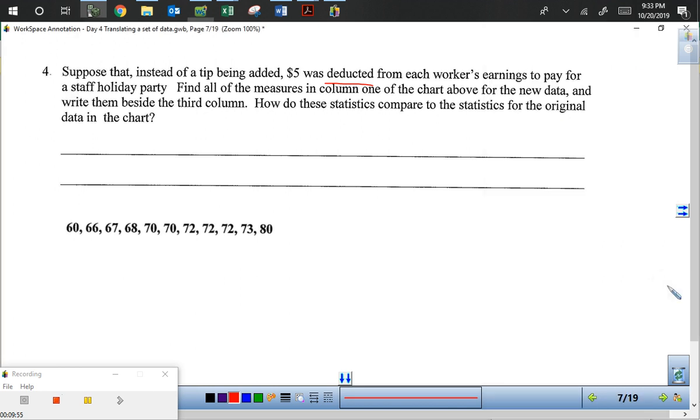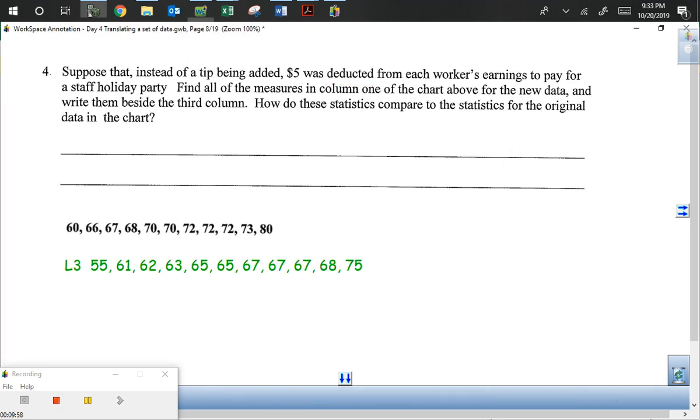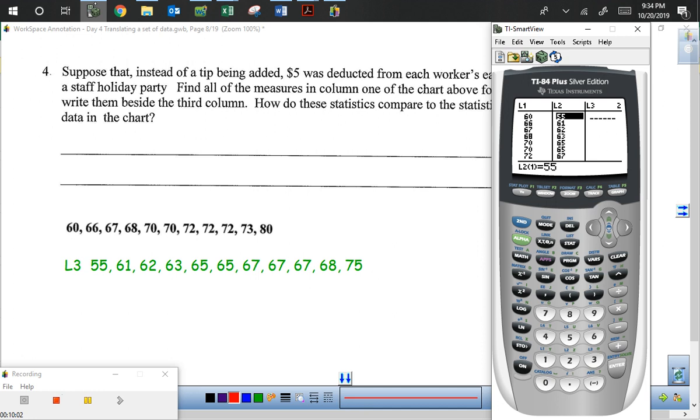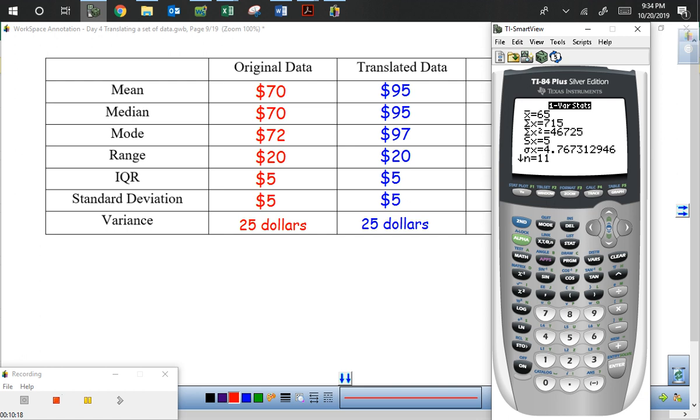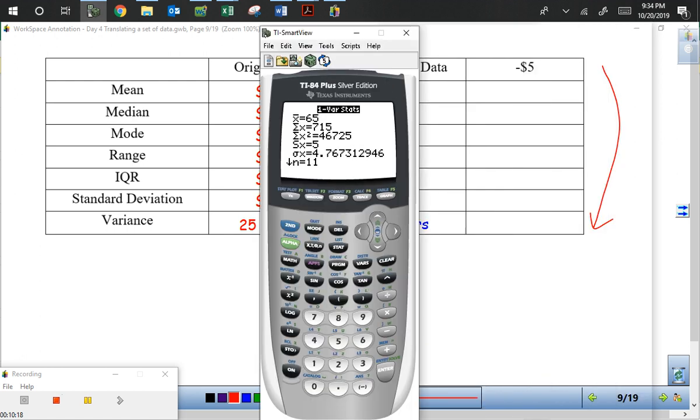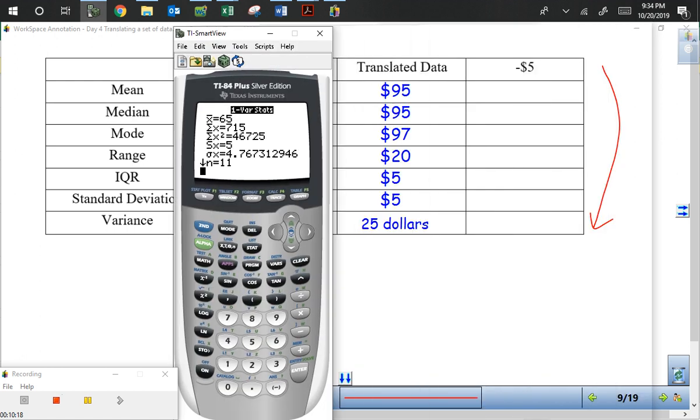So we will stat, calculate. We should already be set up for list 2 in our one variable statistics, so we shouldn't have to change that. But now we're going to use this to fill in this third column here, those numbers. So what I want you to do is pause the video and take care of that last column for me.